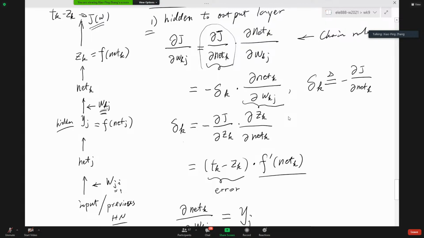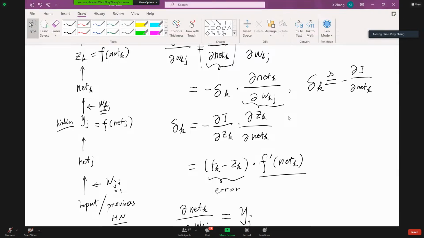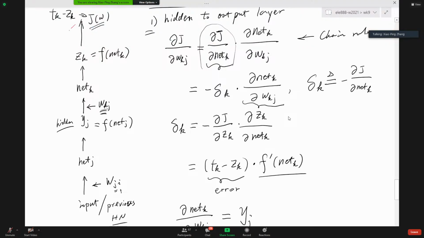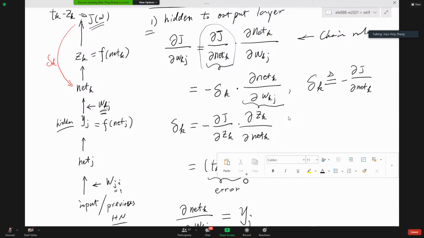This delta k is partial J by net k. So from here, we find this is delta k. We are propagating that delta k.